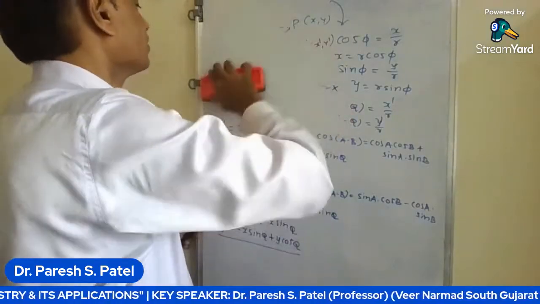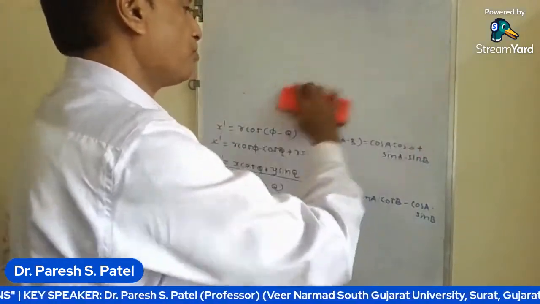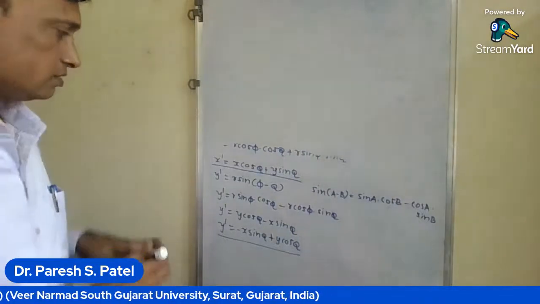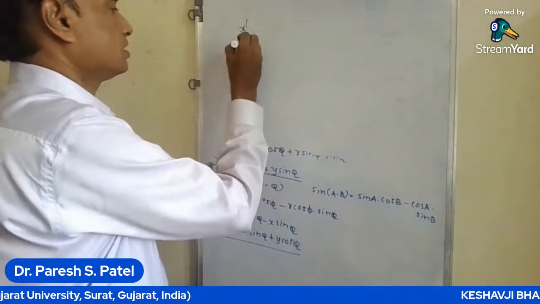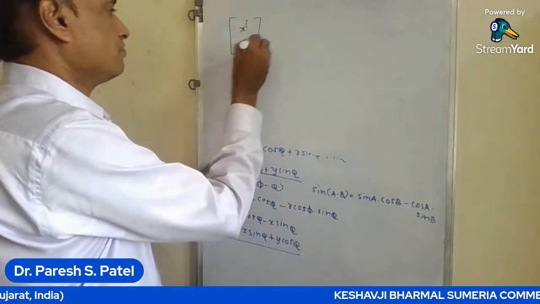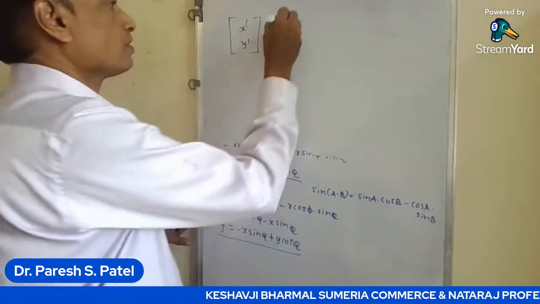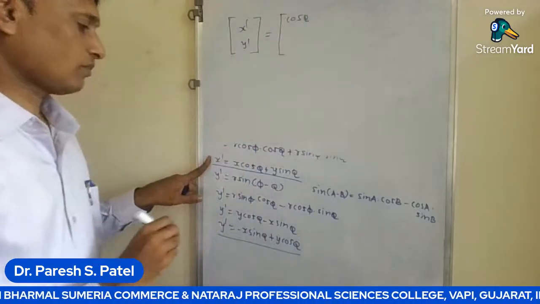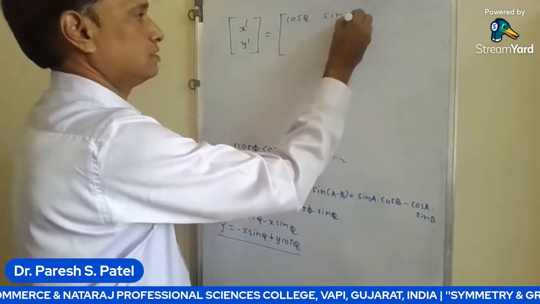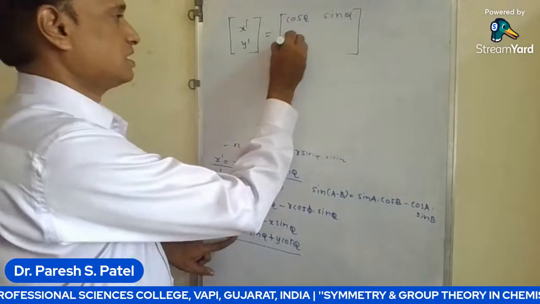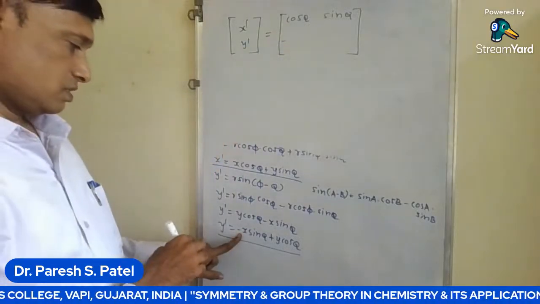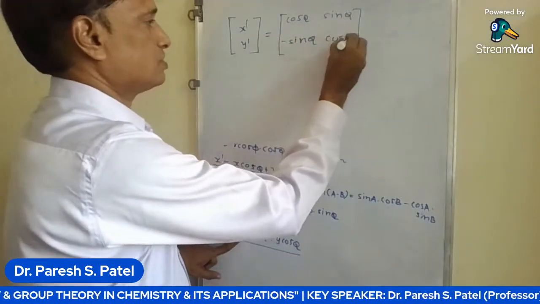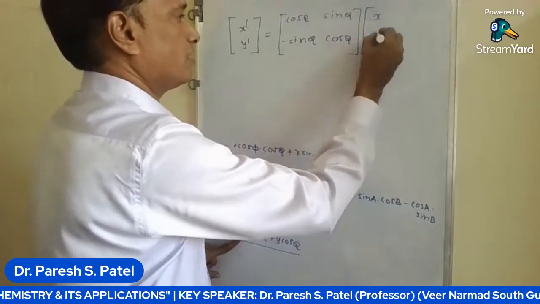Now we can write both these equations in the form of a matrix: x dash and y dash is equal to cos theta, sin theta, minus sin theta, cos theta, times x and y.